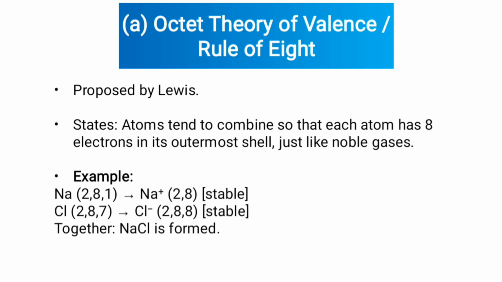Example, sodium: first shell 2, second 8, and third 1. It loses 1 electron and forms Na+ with 2 electrons in the first shell and 8 in the second, so the outermost shell has 8 electrons, and now it is stable. Similarly, chlorine: first shell 2, second 8, third 7. When chlorine gains 1 electron and forms Cl-, it has 2, 8, 8, and now it is stable because its outermost shell has 8 electrons.